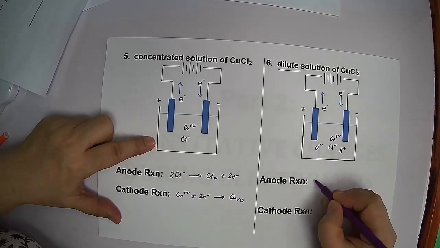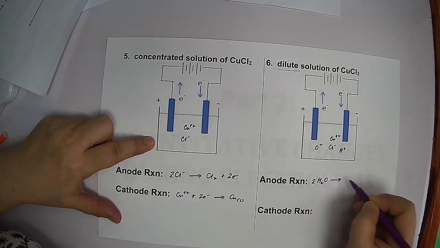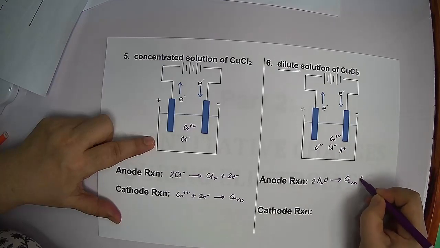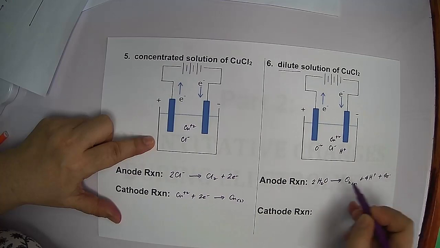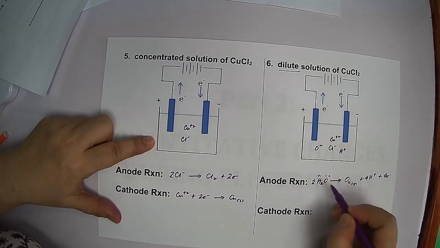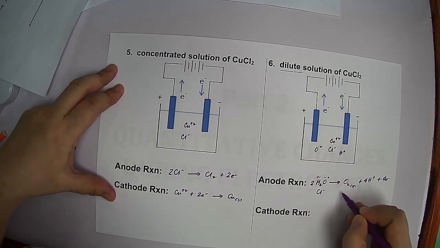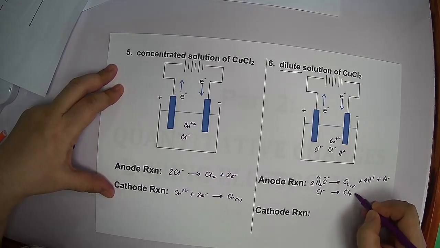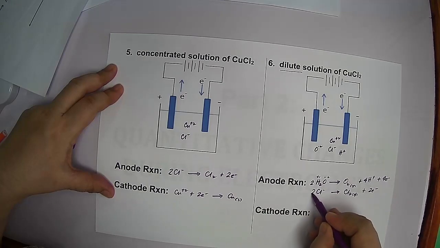So for every 2 moles of water, it will undergo oxidation, producing oxygen gas, 4 ions of hydrogen, and 4 electrons. And chlorine is present. Therefore, the chloride will also undergo oxidation, producing chlorine gas plus 2 electrons.